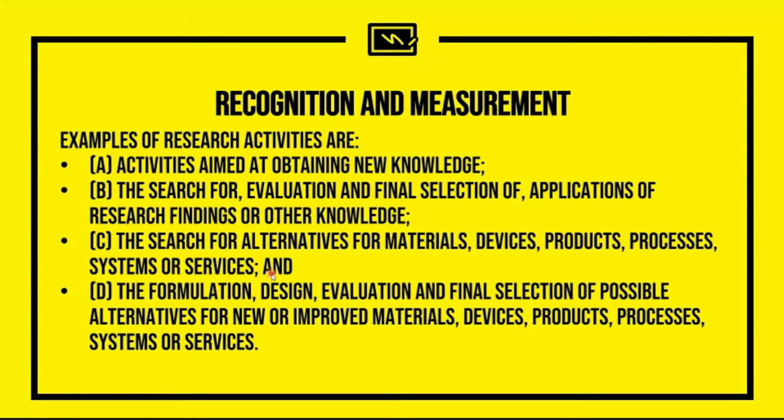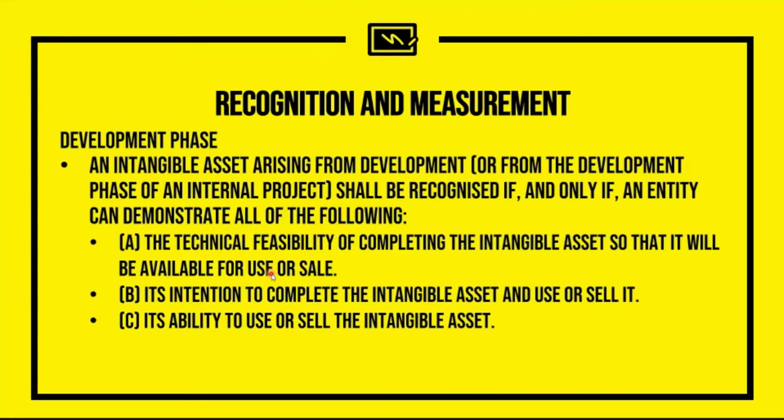Examples of research activities, which are also the items usually provided in examples for quizzes or board examination items, are activities aimed at obtaining new knowledge, the search for, evaluation and final selection of applications of research findings, the search for alternatives, and the formulation, design, and evaluation of possible alternatives.